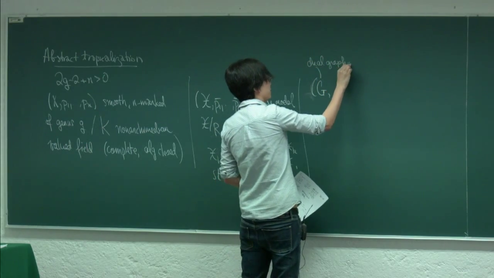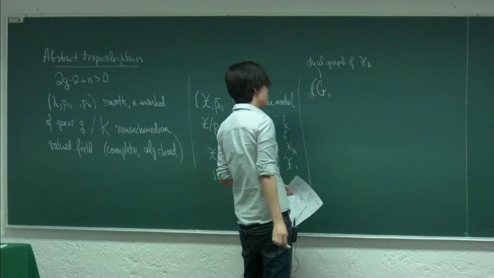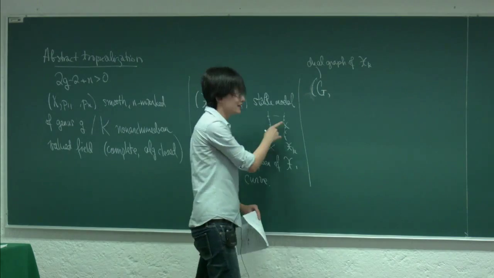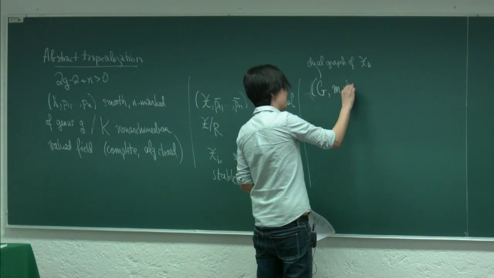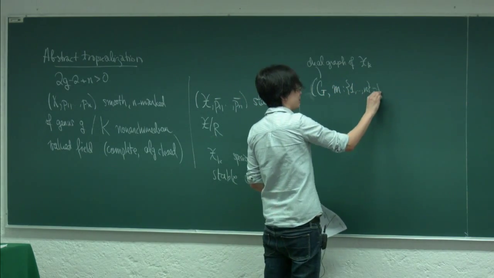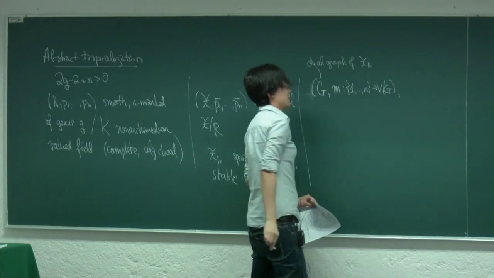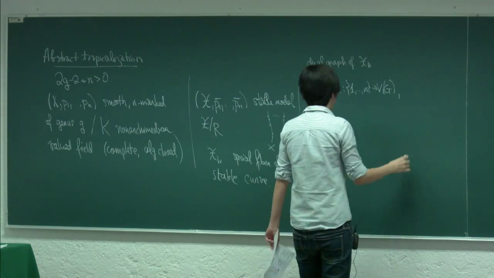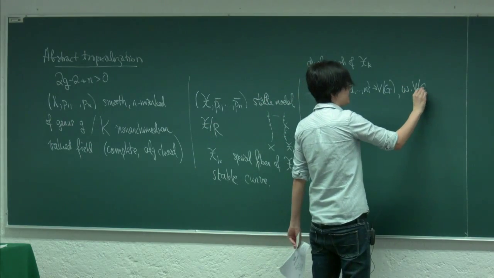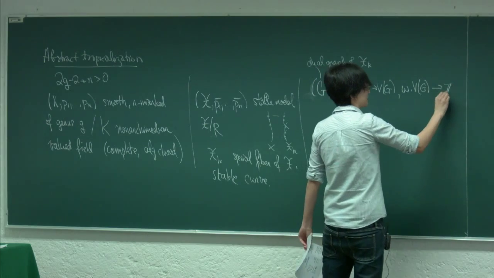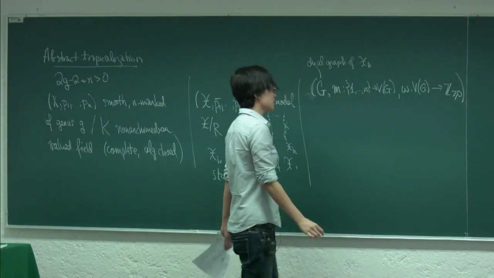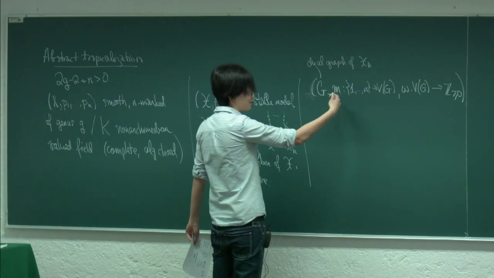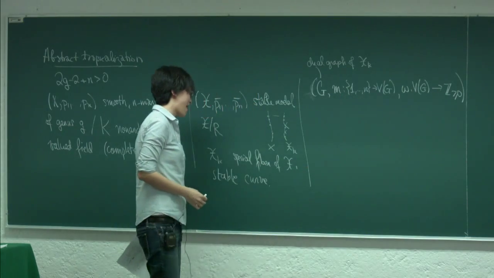This is the dual graph of the special fiber with vertices corresponding to components and edges corresponding to nodes. And we have a marking function, which is just some extra data decorating the graph: a marking function that remembers where the marked points go, and a weight function that remembers the geometric genera of the components. Okay, so this is the vertex-weighted n-marked dual graph of the special fiber.